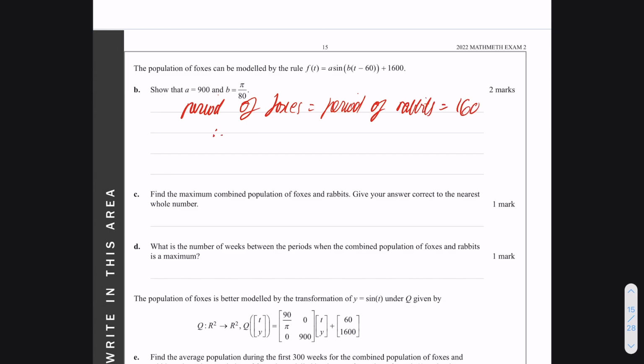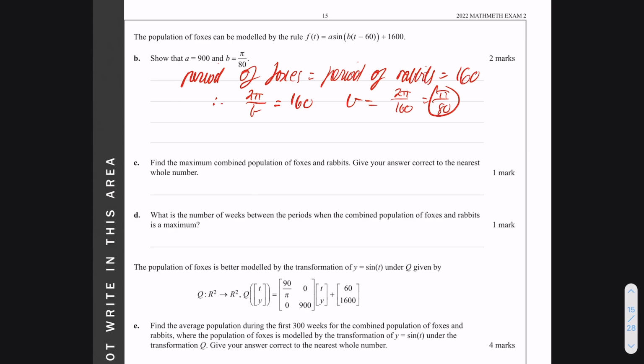So that means 2 pi over b is equal to 360, meaning b is 2 pi over 360, which is pi over 180. And that's what we wanted to show for b.